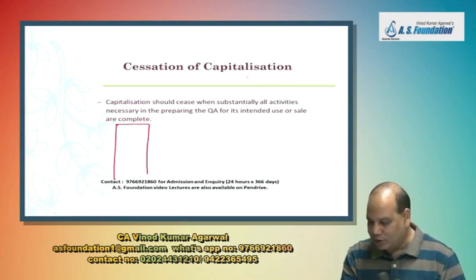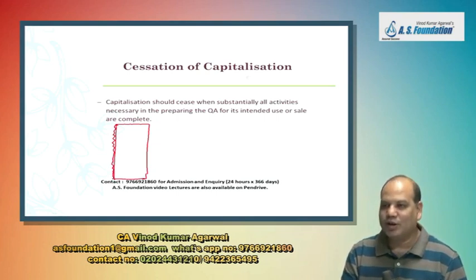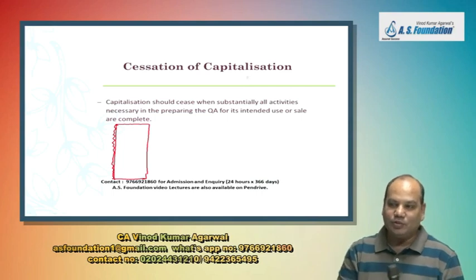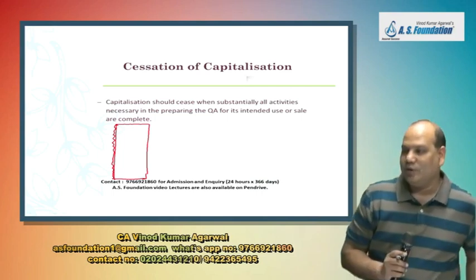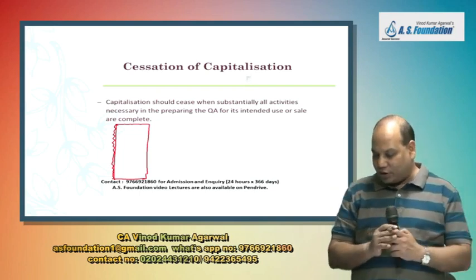This 20 storied building is constructed and this outer wall is not yet painted, and it is painted after 2 years. What about the borrowing cost for those 2-year period? Charge to P&L account now because your activity is substantially complete.